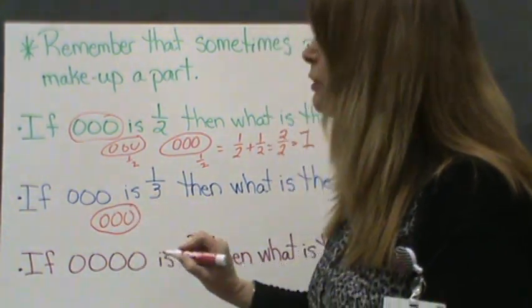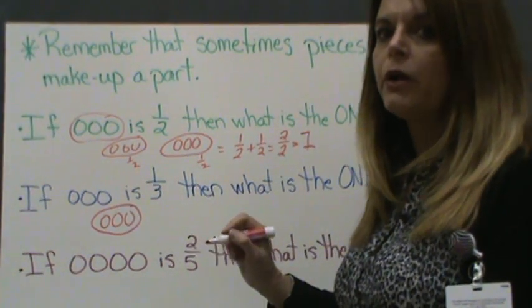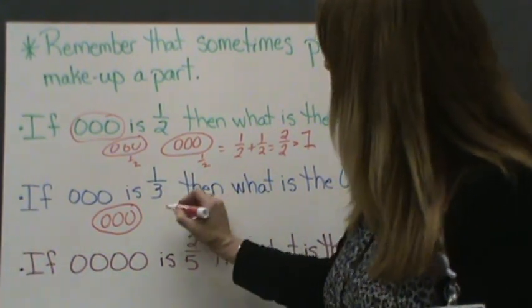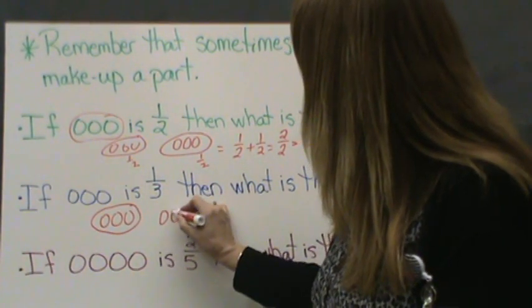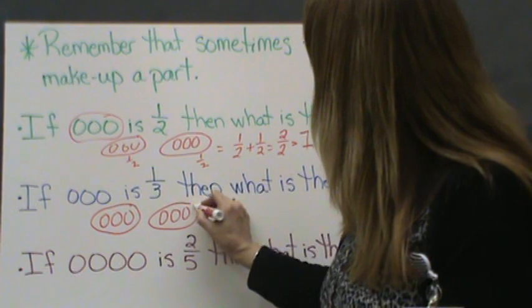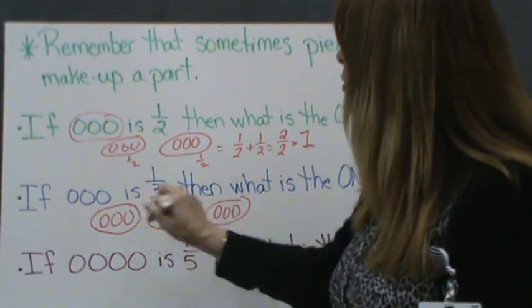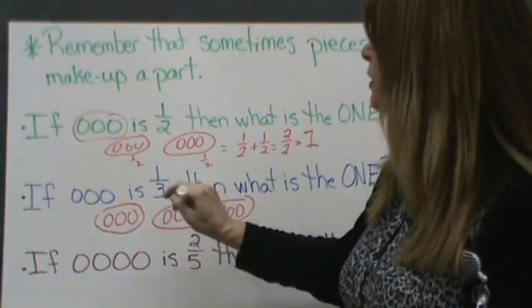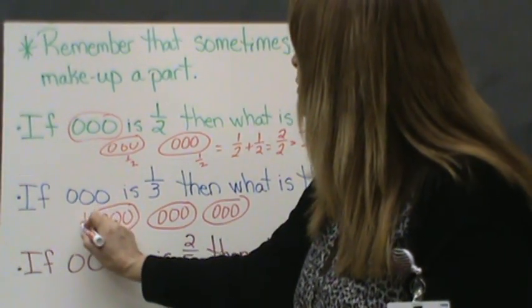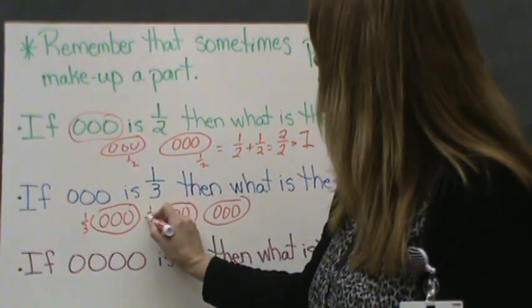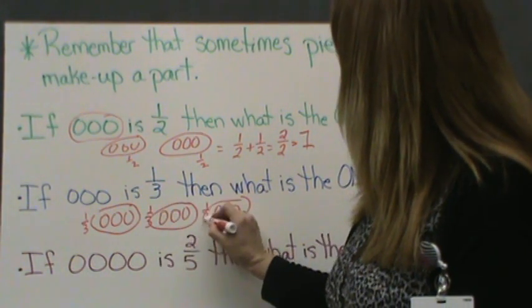That's 1/3. How many more thirds do I need? 1/3, 2/3, 3/3. There's another third. And there's another third. Because remember, 3 is 1/3. So there's 1/3 plus 1/3 plus 1/3.